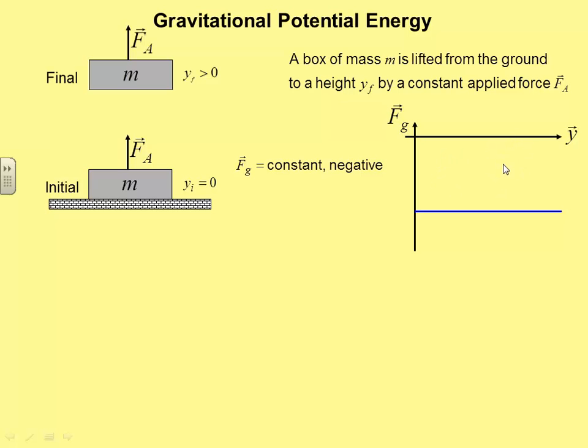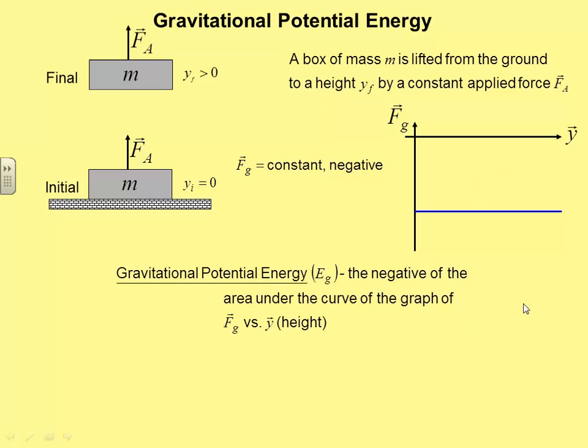And therefore, if we want to store positive energy, we have to make it the negative of the area under the curve. So we are going to graphically define the gravitational potential energy, E_g, to be the negative of the area under the curve of the graph of force of gravity versus height. Now, we don't even have to do a lab to figure out the force of gravity. We've already done that lab.